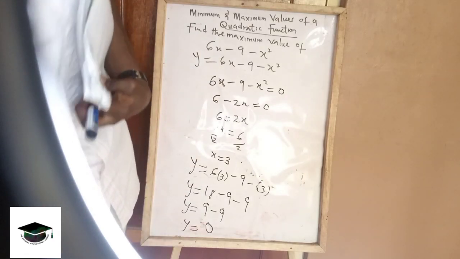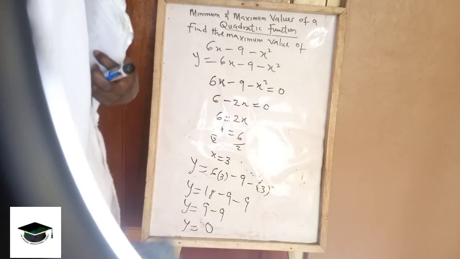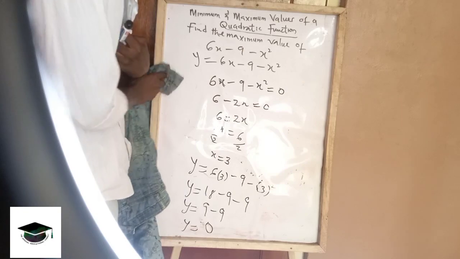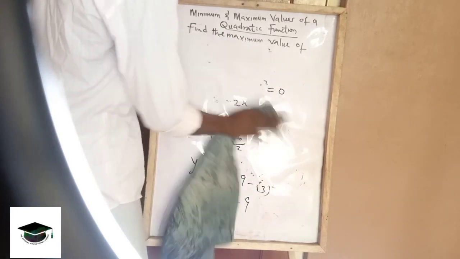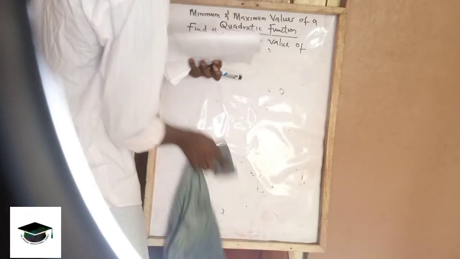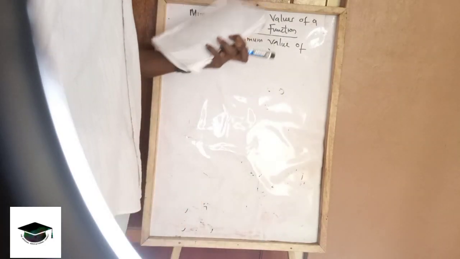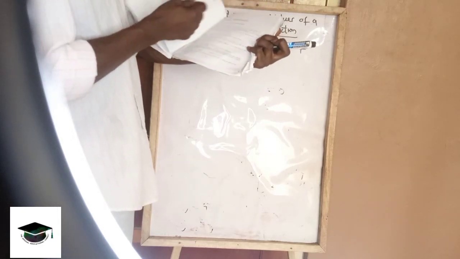And then I will give you a classwork. I love to do that. So I want to give you a classwork. Let me look for a simple question for you.